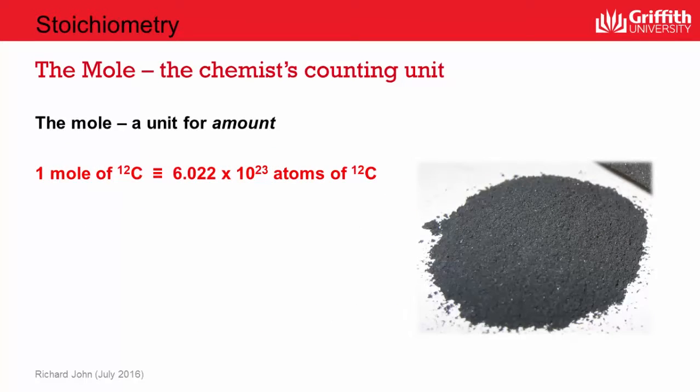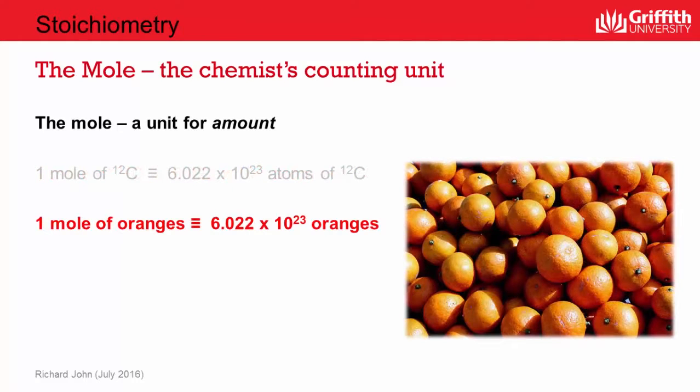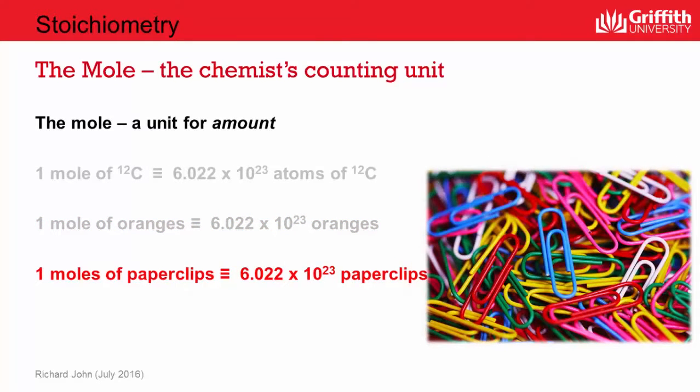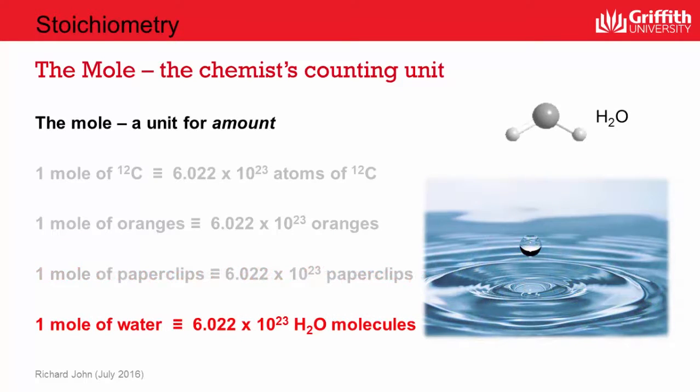So for example, 1 mole of carbon-12 would be equivalent to 6.022 by 10 to the 23 atoms of carbon-12. 1 mole of oranges would be equivalent to 6.022 by 10 to the 23 oranges. 1 mole of paper clips would be equivalent to 6.022 by 10 to the 23 paper clips, and 1 mole of water would be equivalent to 6.022 by 10 to the 23 molecules of water.